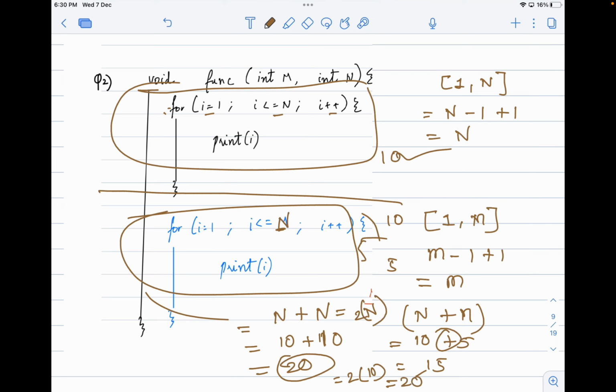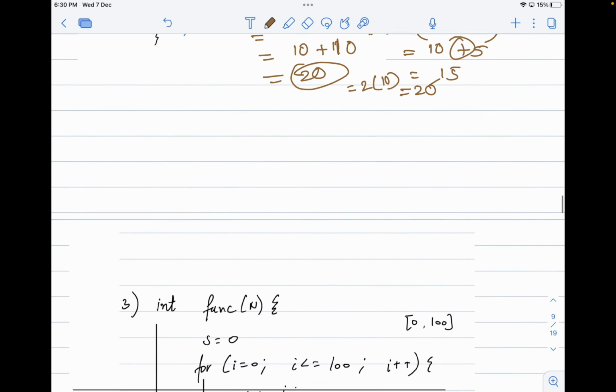This 2 is a constant. However many loops you are using, that will be your count, but at the end n is the time complexity for this. If n is the same on both sides, it is n plus n, but if it is m, then n plus m.